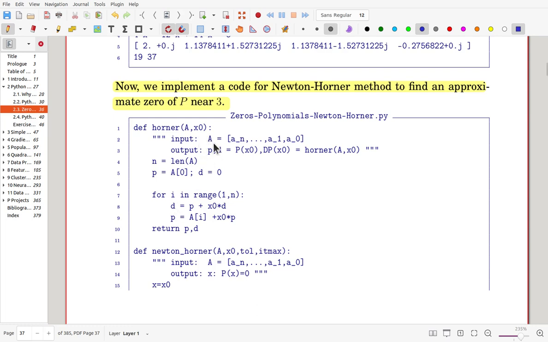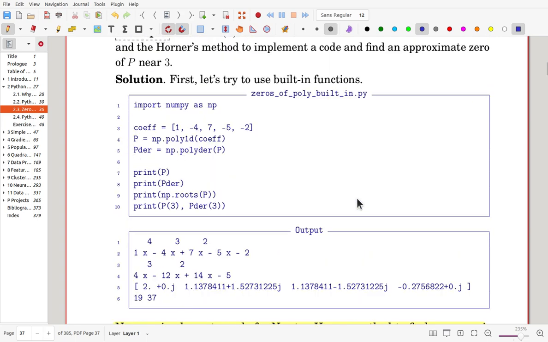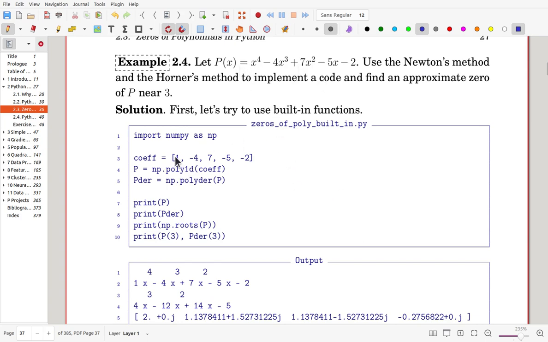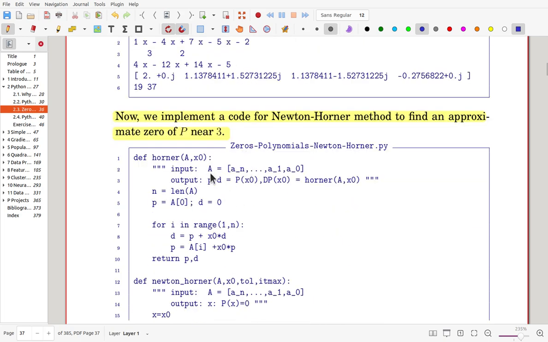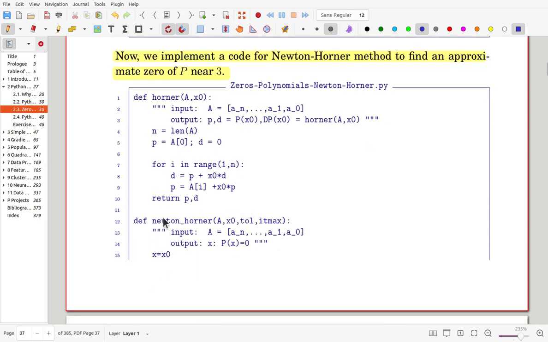And coefficients are given in this way from an to a0. That means, like over there, in decreasing order, 1, -4, 7, -5, -2, that is now the collection of coefficients. And for this one, this portion is computing the function value P at x0, and also P prime at x0.